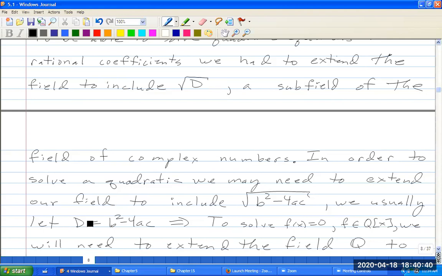And again, we usually denote b squared minus 4ac by the discriminant d.